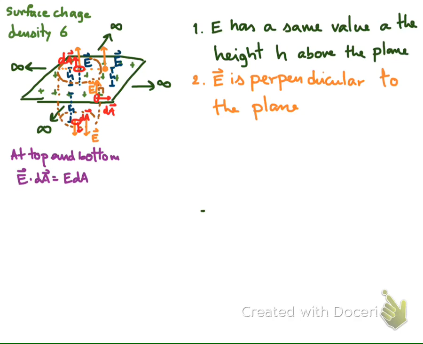While at the curved surface, we have that E dot dA is equal to 0, right? Because here we have that these two vectors are perpendicular. Okay, here.